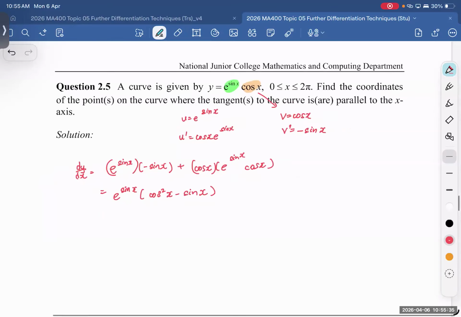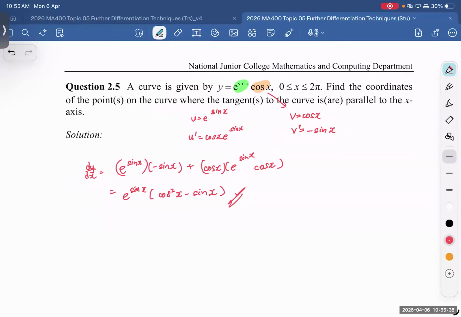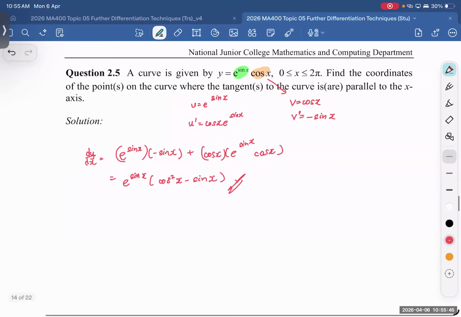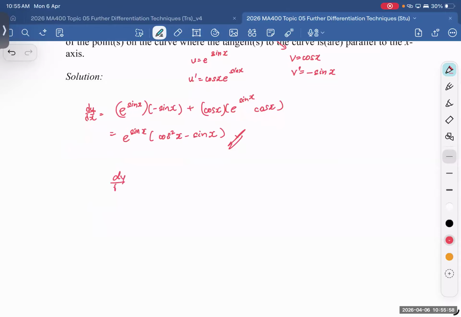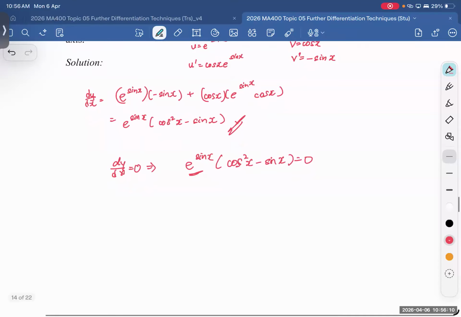After that, you want the tangent parallel to x-axis. What does it mean? Parallel to x-axis means what's the gradient? Ariel, what's the gradient of parallel to x-axis? You want that to equal 0. Equate this to 0. Can an exponential function ever be 0?